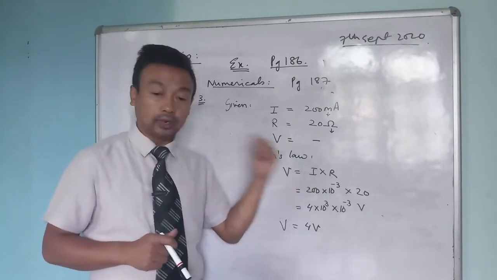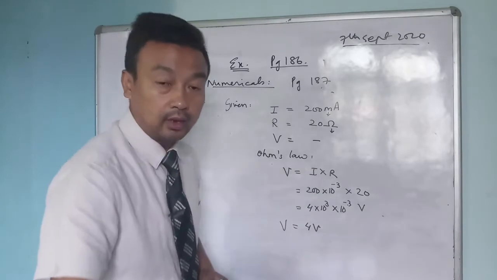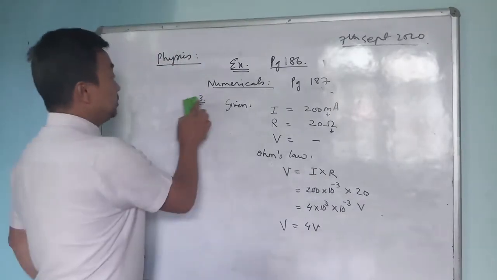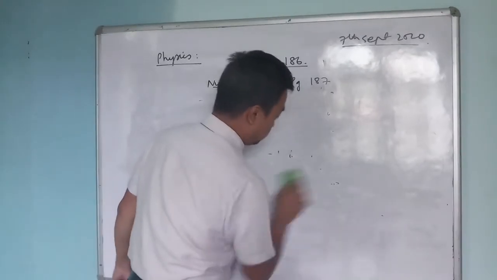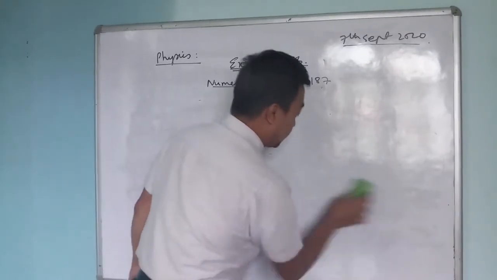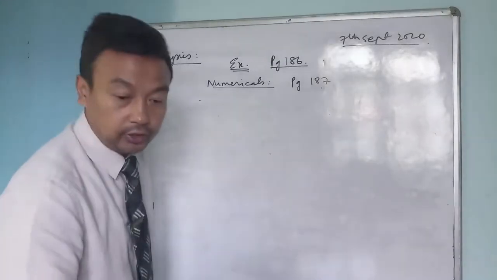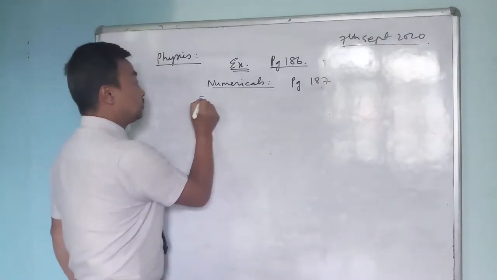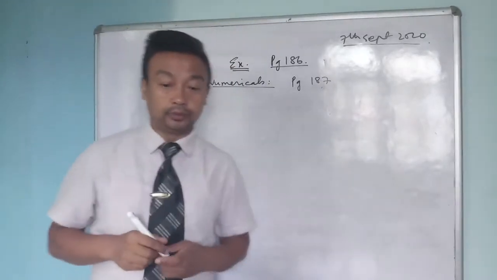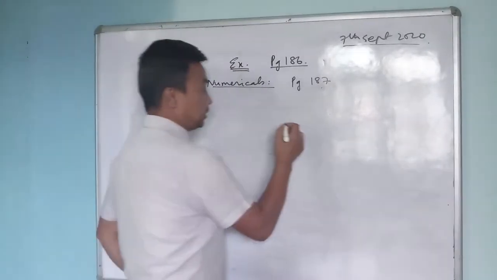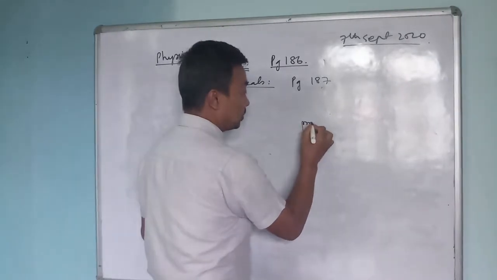So V equals I into R. Okay, let me do one or at least two more, so you get the idea how to do it. It's very, very easy. Question number 5 in the textbook. A car bulb. There is a car bulb, let us say. This is a filament.